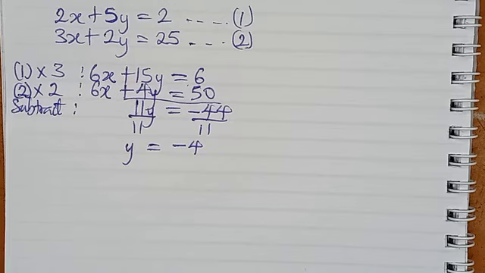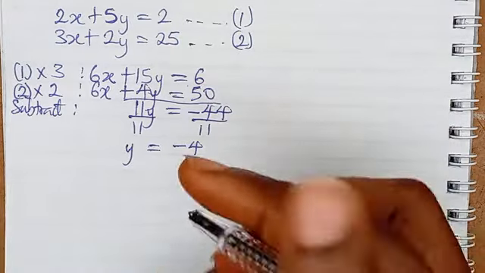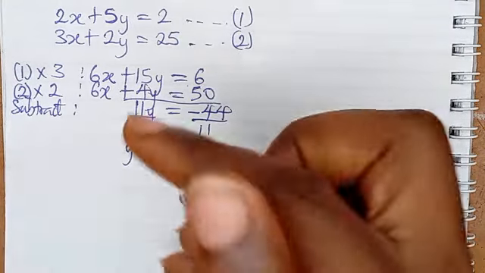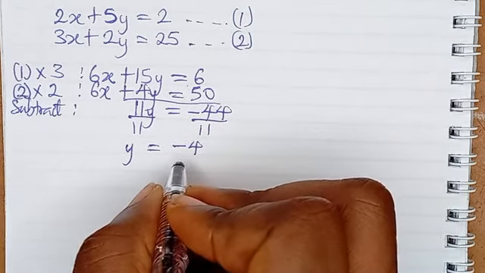So, we are going to choose any of the equations and substitute the value of y into it. Now, let me pick out equation 2. Though it's easier to pick out equation 1, just for variety's sake, I'm going to pick out equation 2 and substitute negative 4 for y.